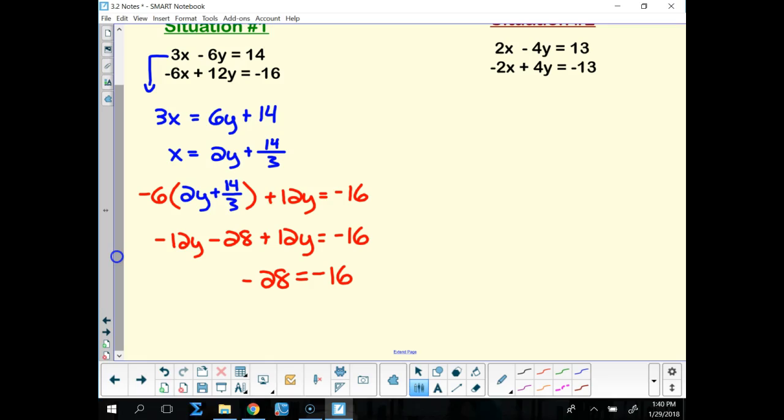It's an untrue statement. Okay, that's one thing that's wrong. But more importantly, there's no variables in that statement.